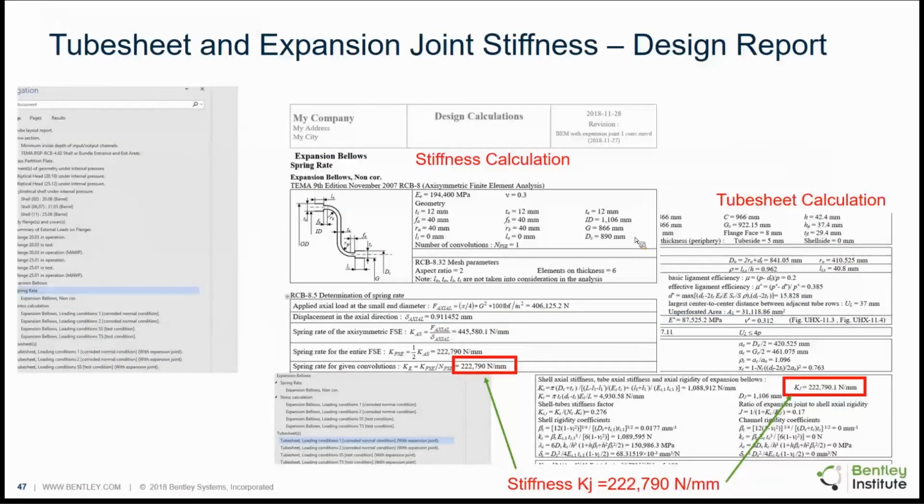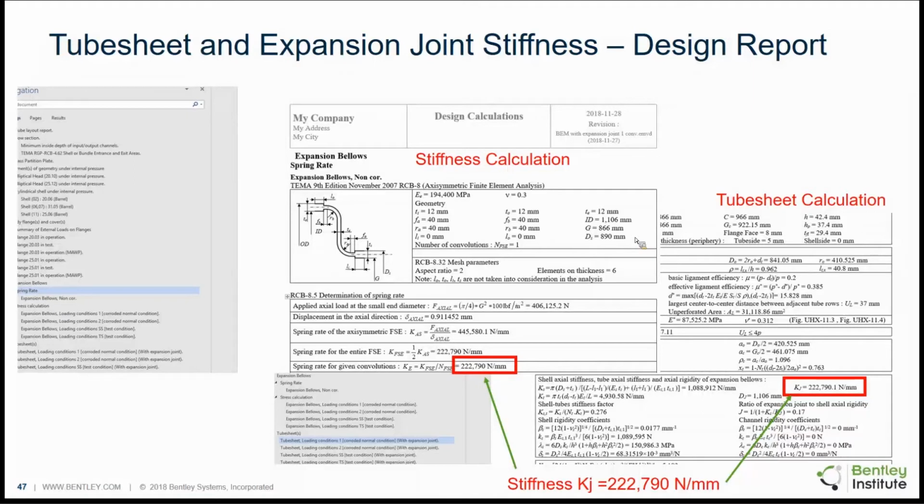So basically what happened here is, this is again various screenshots from the program. So on the left, we see stiffness calculation. So it is 222,790 Newton per millimeter, which is the spring rate for given convolution for the whole spring. So basically it is half of the FSE, the flexible shell element.